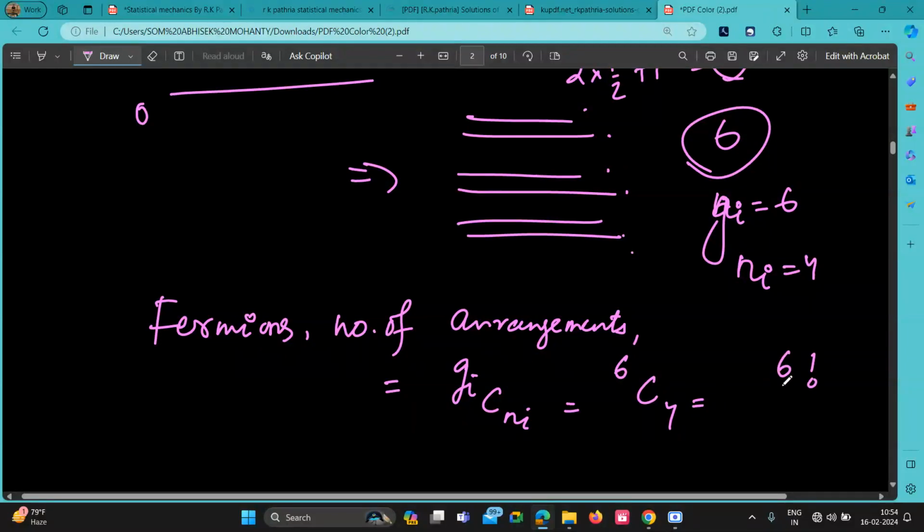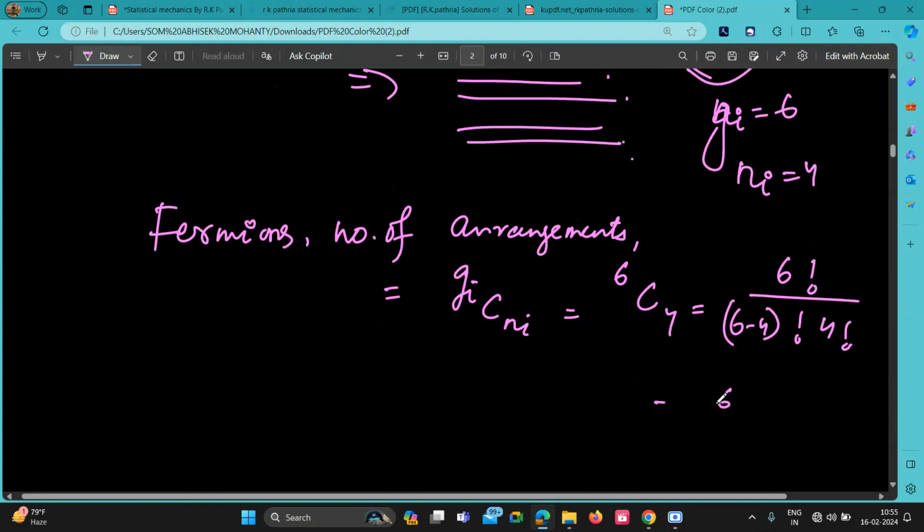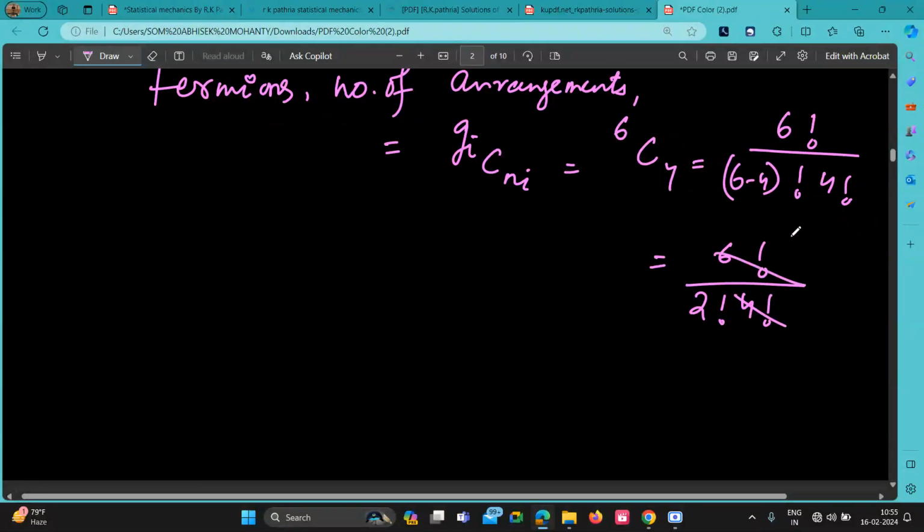So 6 factorial divided by (6 minus 4) factorial into 4 factorial, that is 6 factorial divided by 2 factorial into 4 factorial. If you cancel this, this will be 6 into 5, this is 30, so 15. So there are 15 ways to arrange this system.